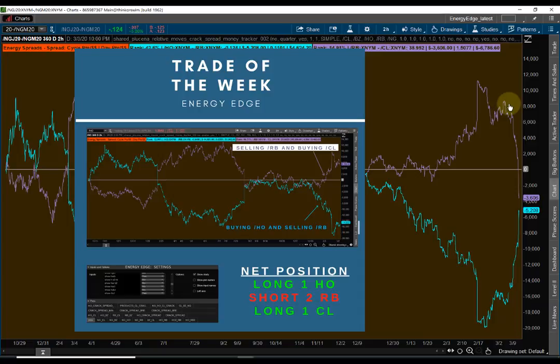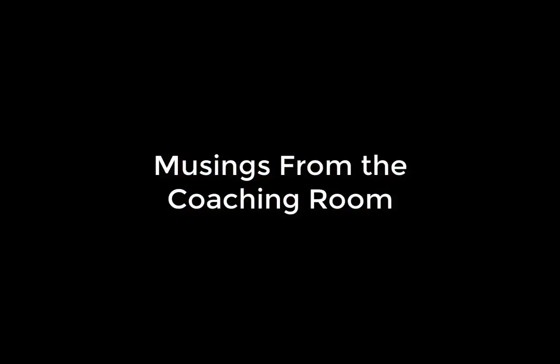So the potential on a one lot is 8,000 down to negative 3,000, so $11,000. And then on the blue side, it was down to 18-ish, now down 5, so about $13,000 of opportunity on the light blue since Friday.